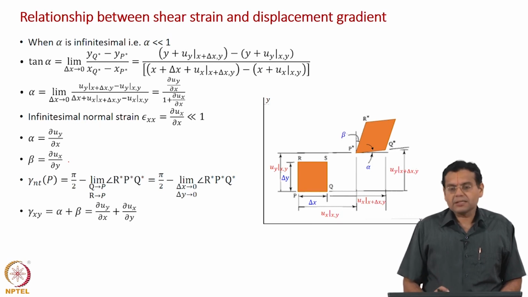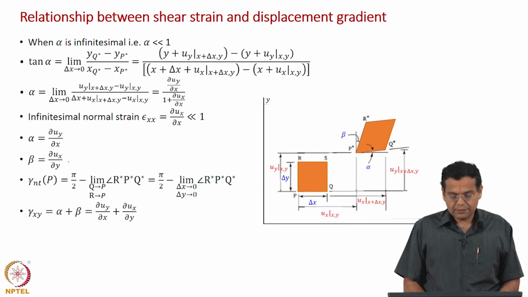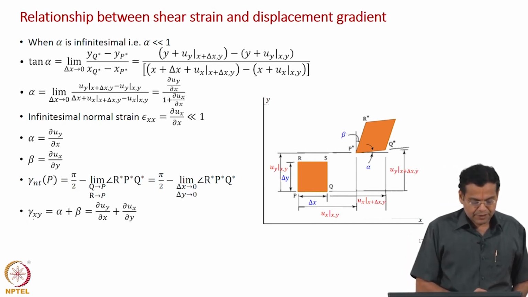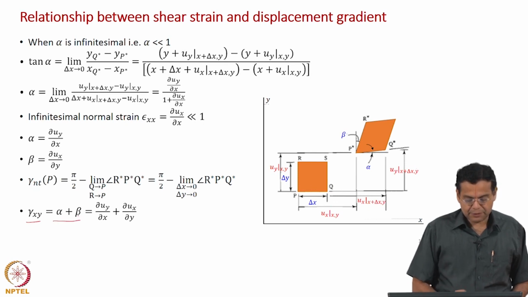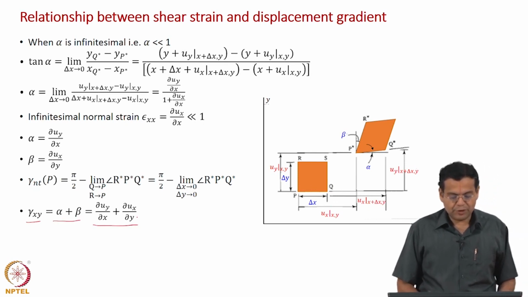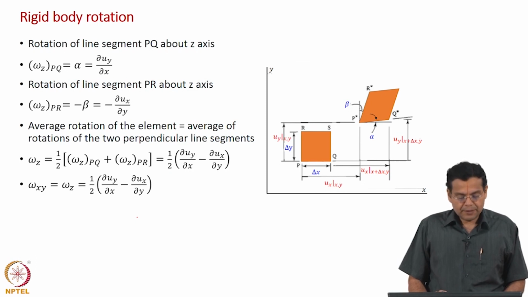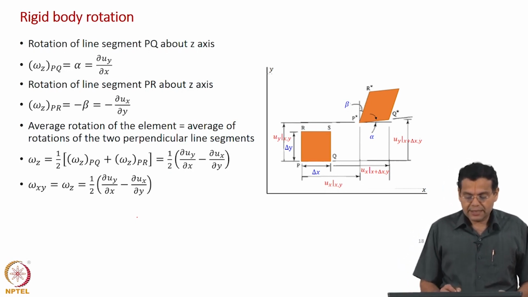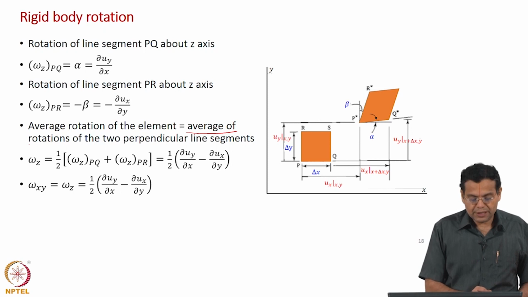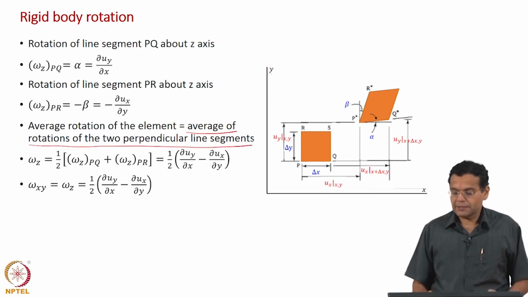Okay, see, analogously we derived the relationship between shear strain and displacement gradient, where we derived gamma xy is equal to alpha plus beta, as dou uy by dou x plus dou ux by dou y. We also derived the relationship for rigid body rotation, and we defined that as the average of rotations of two perpendicular line segments.